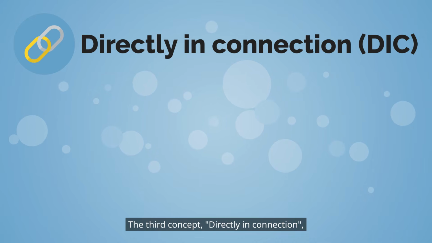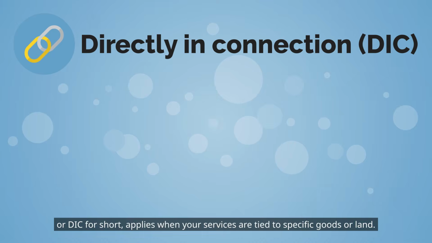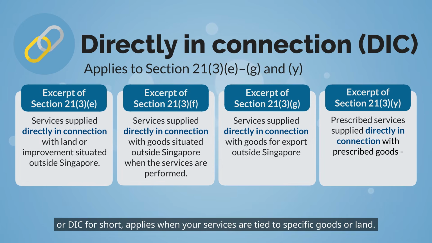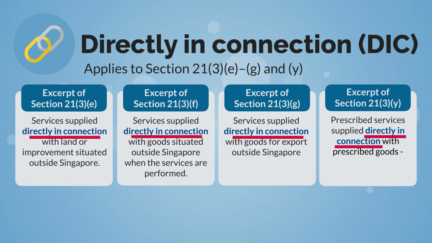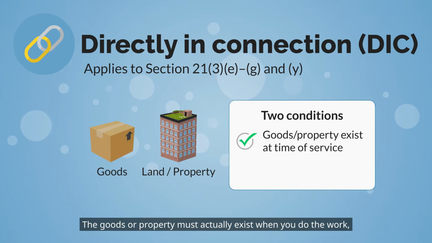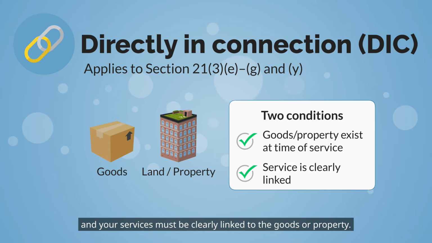The third concept, directly in connection, or DIC for short, applies when your services are tied to specific goods or land. You need to meet 2 conditions. The goods or property must actually exist when you do the work, and your services must be clearly linked to the goods or property.